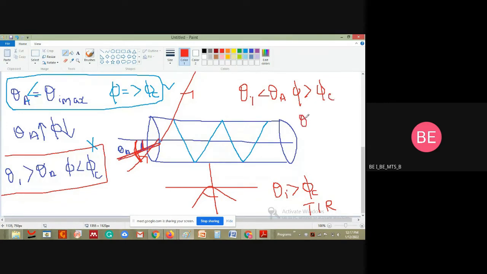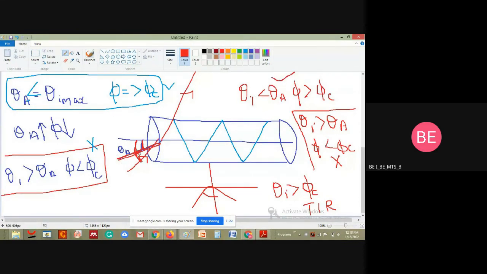Once this theta I goes above theta A, phi will go below phi c, right? When phi goes below phi c, total internal reflection will not happen. When this condition exists, total internal reflection will not happen. This is the favorable condition for total internal reflection.